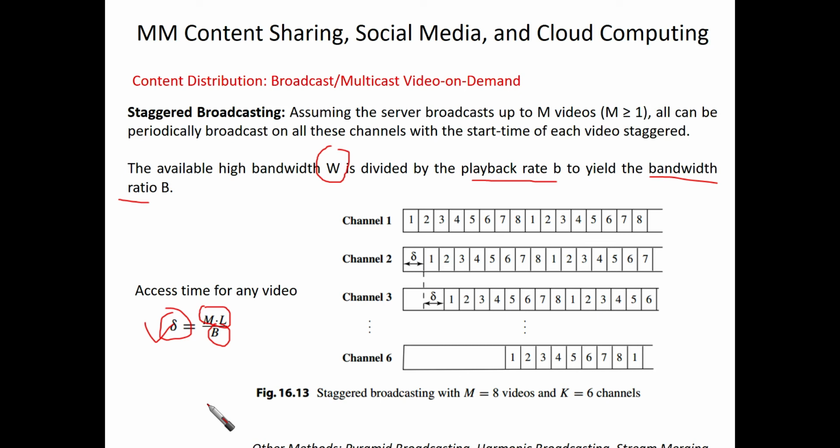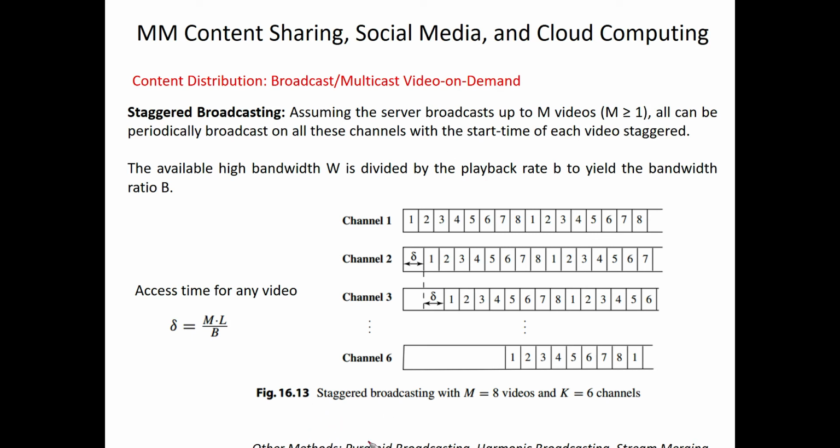Why is it called staggered? It is staggered in the sense that you first give this time, then you add another time slot, then another, and another same time slot. This sort of accumulation, one after another, is called staggering. So this is the concept of how this kind of video on demand broadcasting or multicasting is possible.